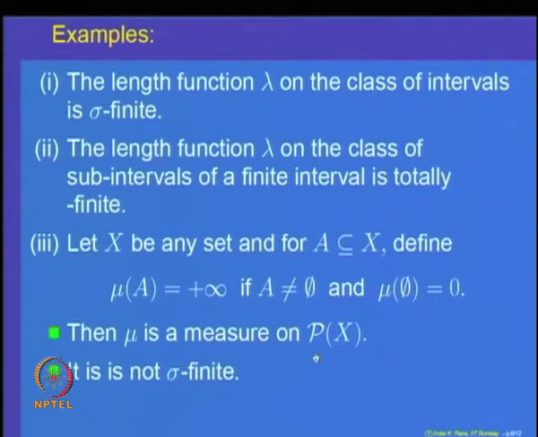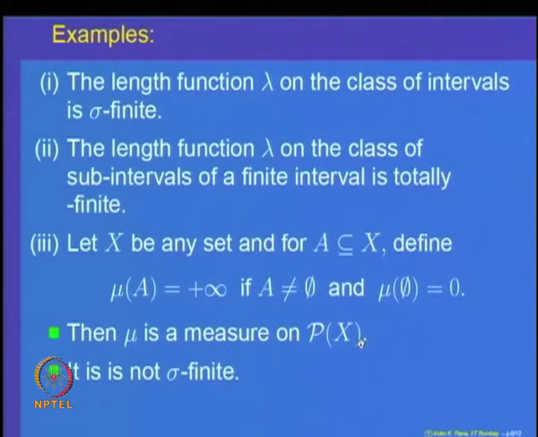Then obviously, this is a measure on P of X. This is a simple property that one can easily check, because mu of the empty set is 0 is given, and if A is any set which is a countable disjoint union, then mu of the union will be equal to again plus infinity, which is equal to sigma mu of A i's, since at least one of them has to be non-empty. So, I hope it is clear that this mu is countably additive. This is a measure on P of X.